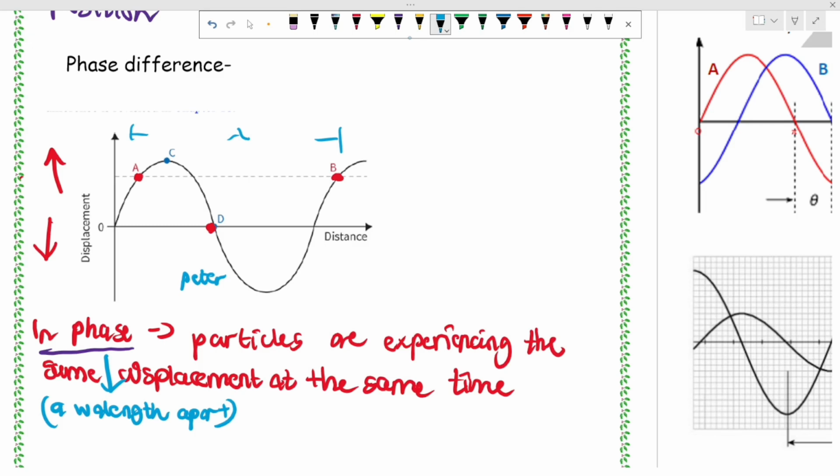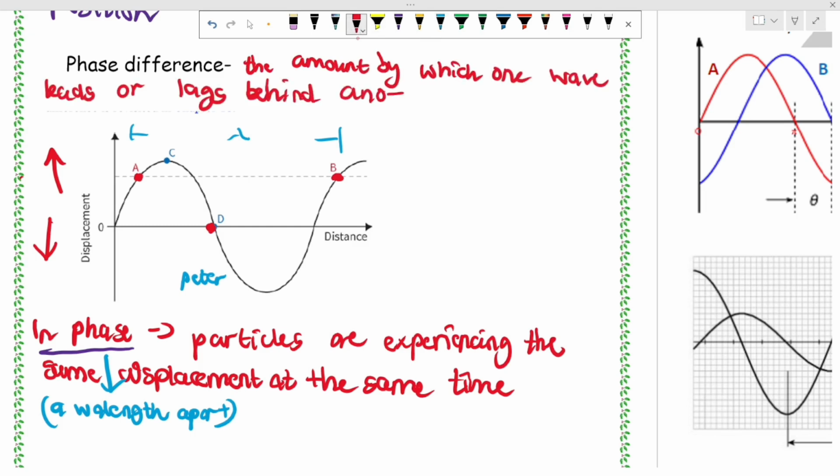So we now have to introduce a concept known as phase difference. What is phase difference, and how do we calculate it? Phase difference refers to the amount by which one wave leads or lags behind another.